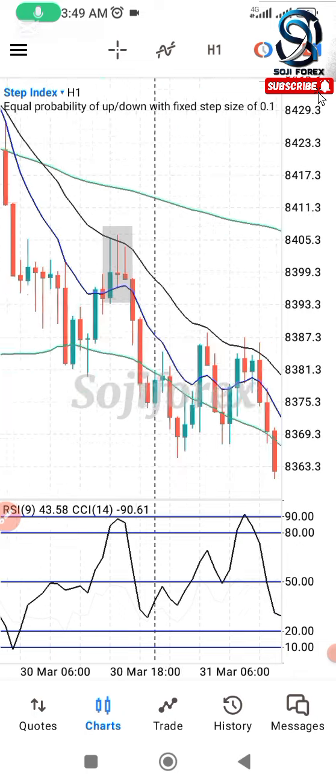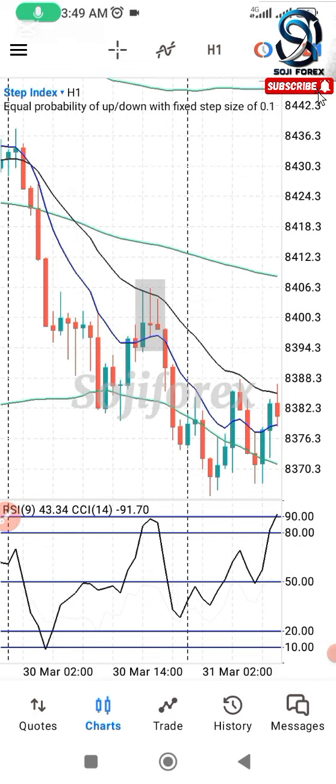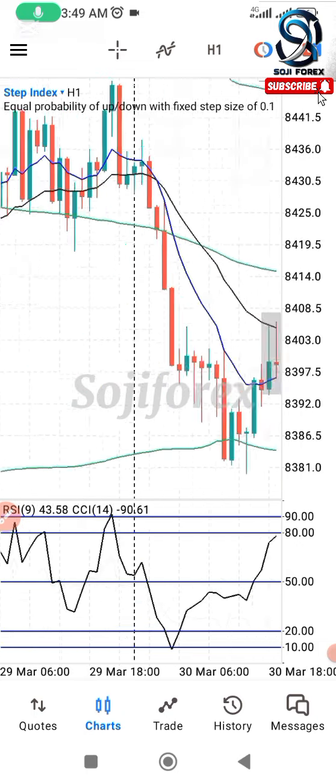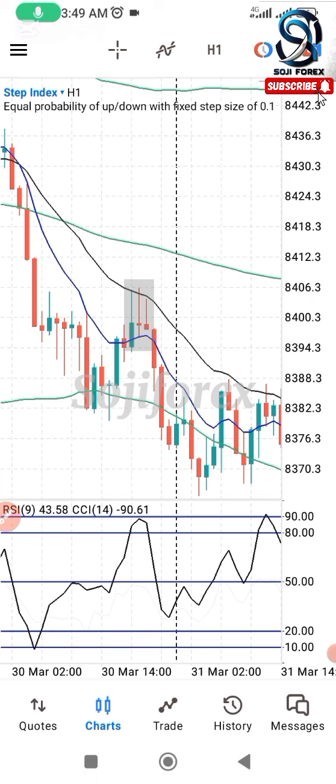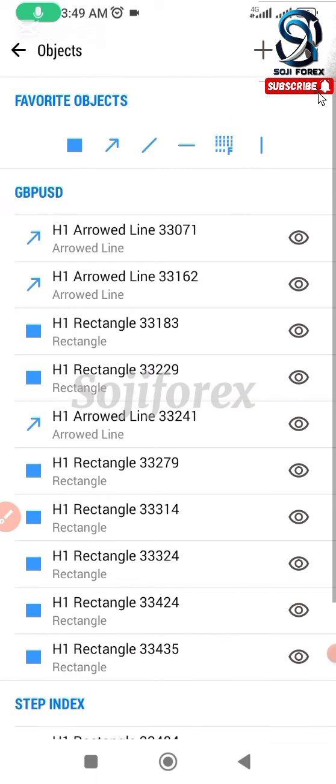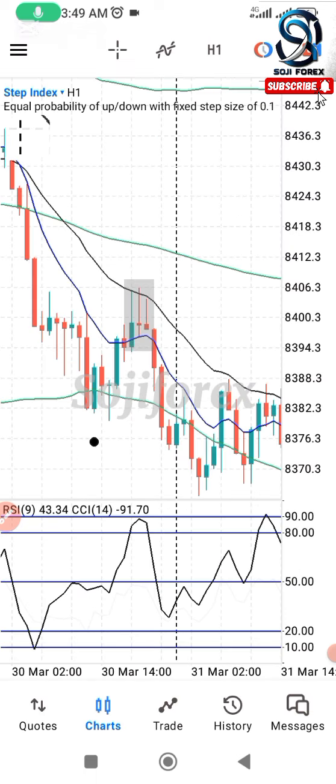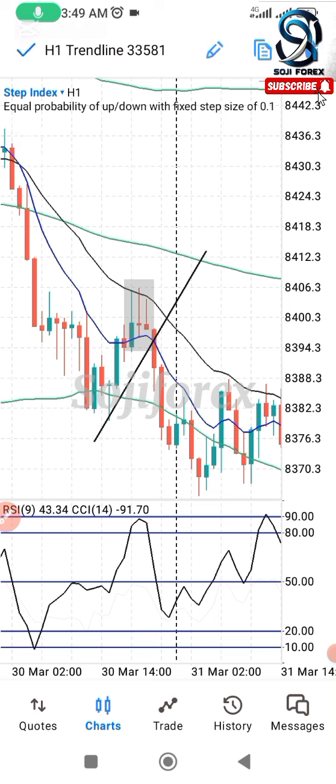So you can now be using your trend line too as a double advantage. When price begins to pull back to your moving average, you pick up your trend line and you cross it like this. So you can see that rejection, break through it, and then you make your entry.